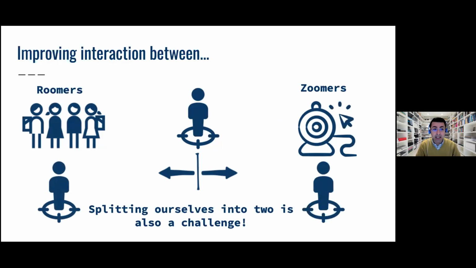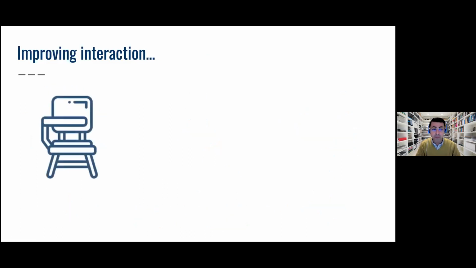And in order to do this, looking at the roomers, I don't know what your context is. In our classrooms, we have chairs that look a little bit like this. These are desk chairs. What about you?